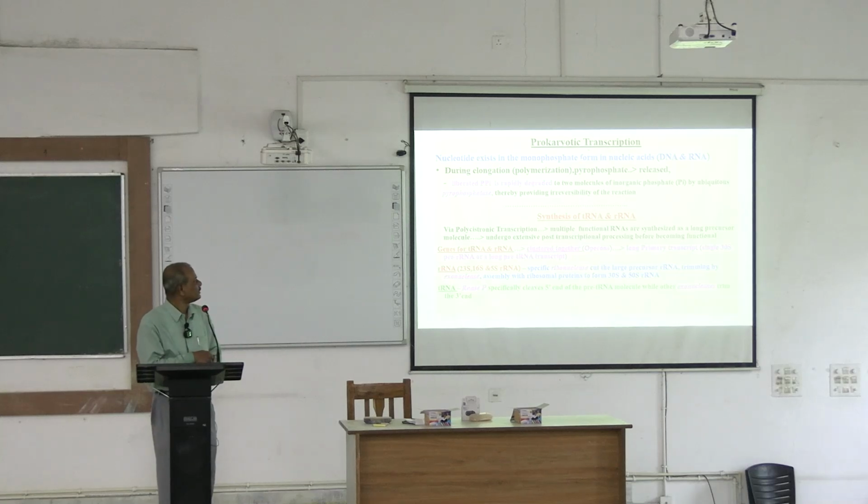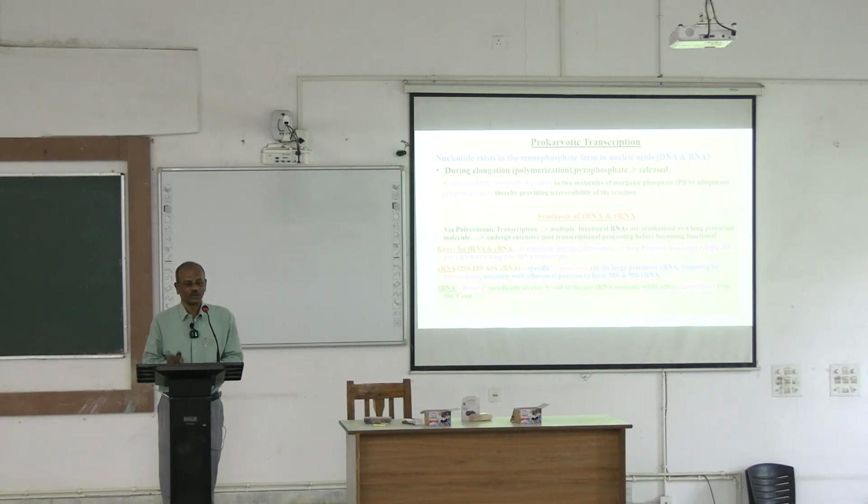And on the top you see each nucleotide, whatever we read in the nucleic acid chain, is present in the form of monophosphate, not in the triphosphate. But when DNA synthesis or RNA synthesis is required, dNTPs or NTPs are required, ribonucleotide triphosphates or deoxyribonucleotide triphosphates.